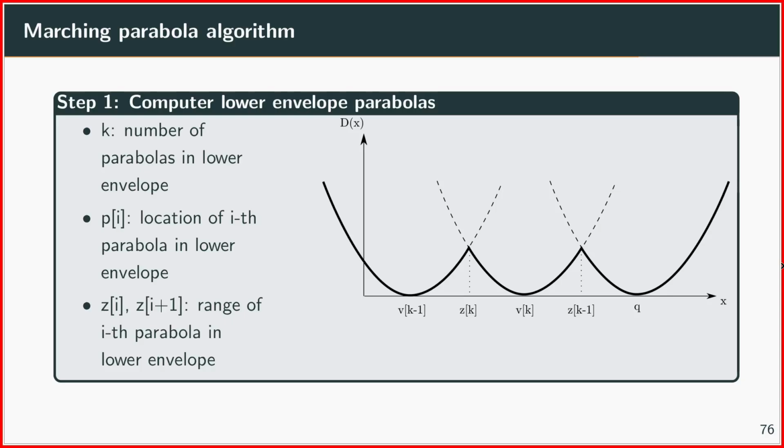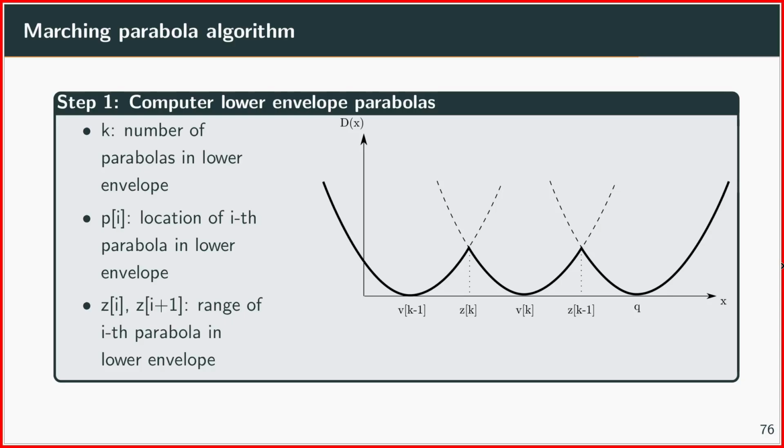For example, VK is an occupied voxel, and you have many different occupied voxels. For each one, you draw a parabola, and then you compute the lower envelope of all those parabolas. The black line here would be the lower envelope.